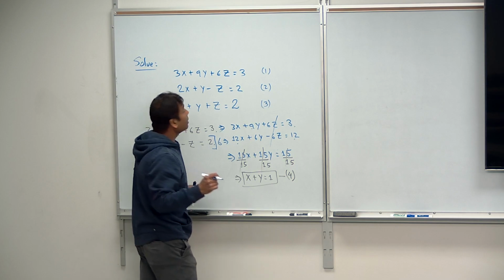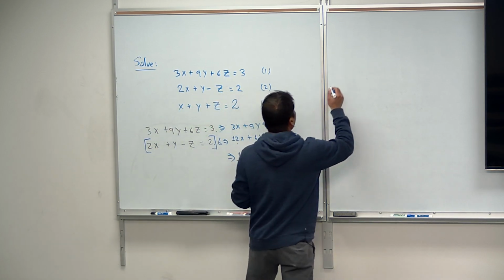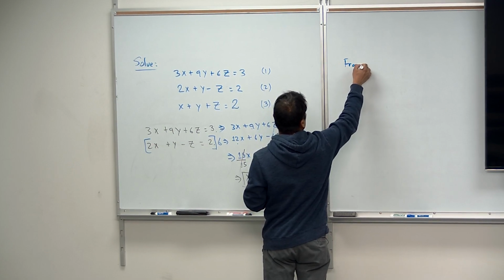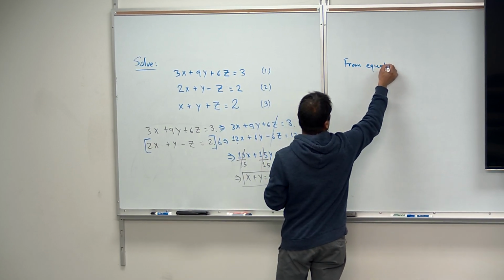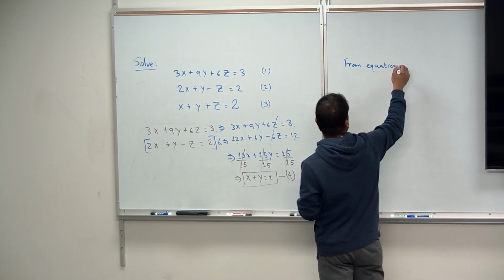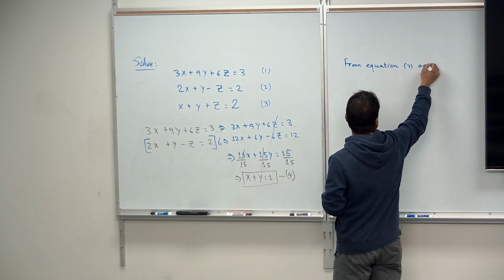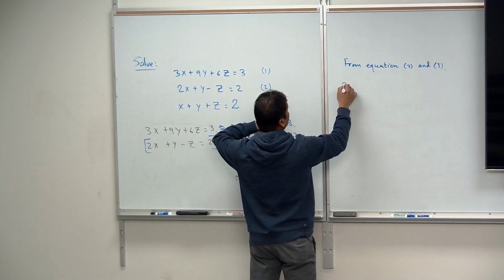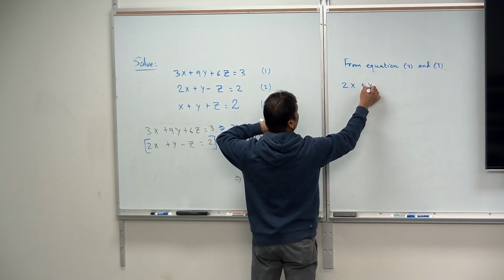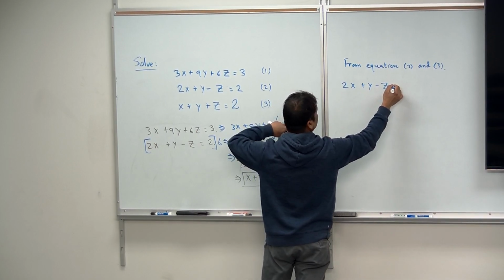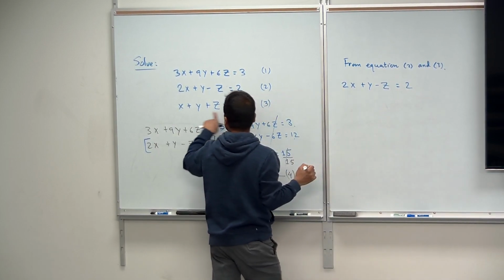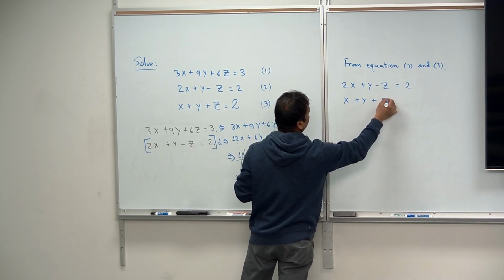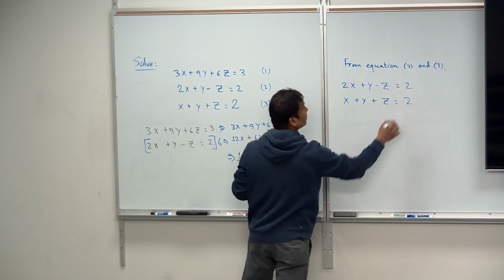Right? So now from equation 2 and 3, you see equation 2 is 2x plus y minus z equals 2, and equation 3 is x plus y plus z equal to what? 2.